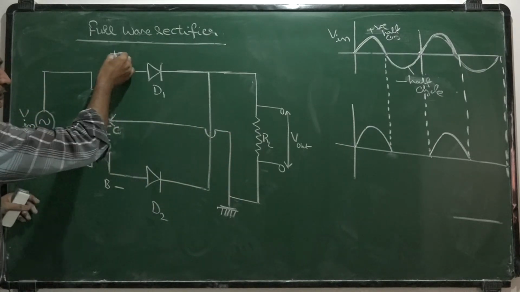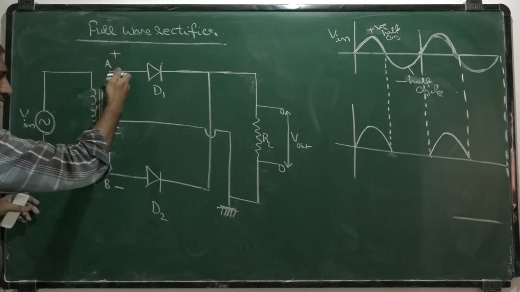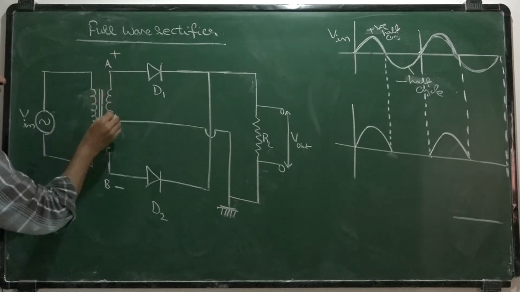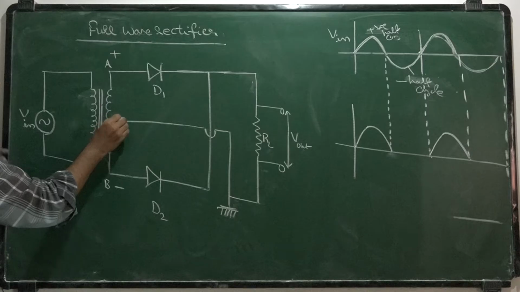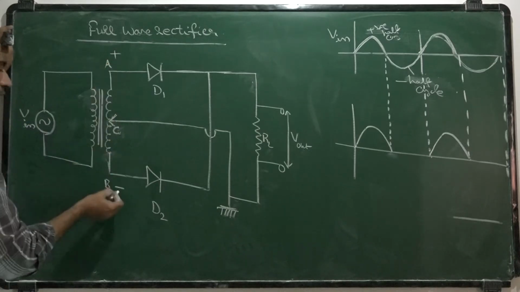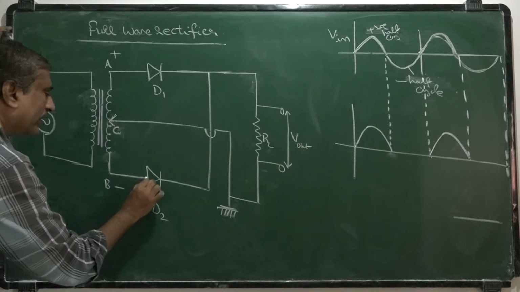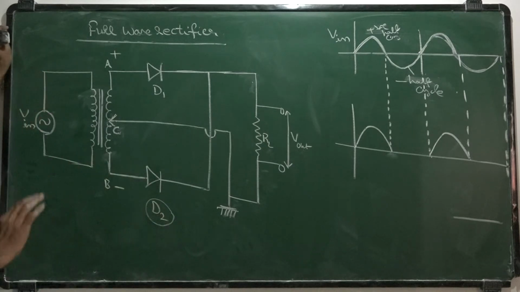As A is positive and B is negative, the potential difference decreases slowly, so that the center tap position C is at a lower potential than A and a higher potential than B. That means B is connected to negative, so diode D2 is in reverse bias.